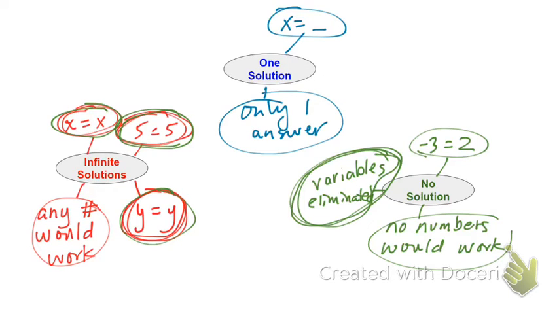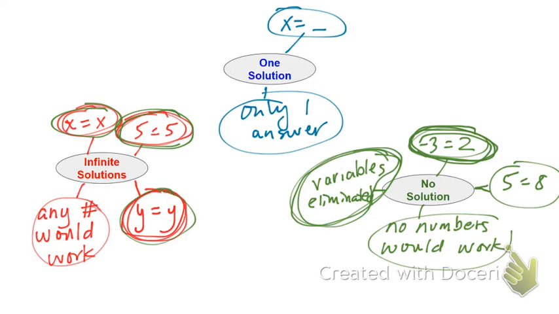So back to a no solution, once the variables are eliminated, I'll have a remaining number like this. A negative 3 equals a positive 2, or a 5 equals an 8, something that is not true. That's what no solution is. So it also means that no numbers in this entire universe will work. When you plug it into your variable, you will not get an answer.